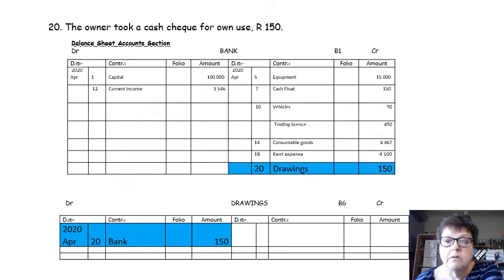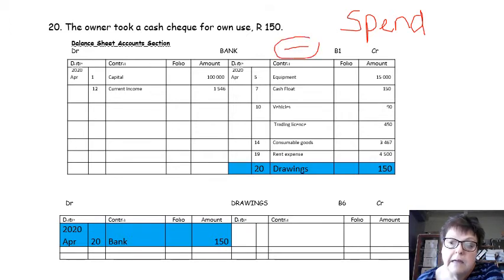I think on the 20th, the owner took a cash check. Taking a cash check means we are spending once again. Every time we spend, money in the bank is going to decrease. Bank being an asset decreases on the credit side, increases on the debit side. That is the 20th. We are spending 150 Rand.